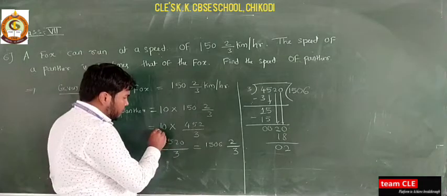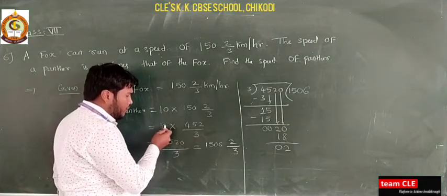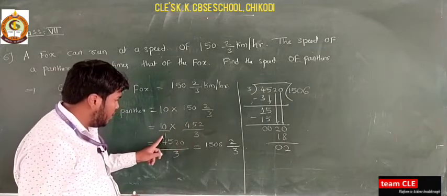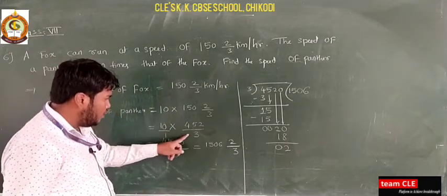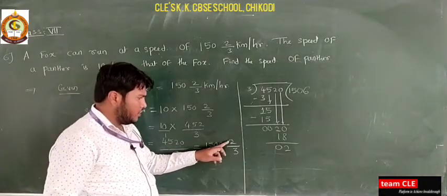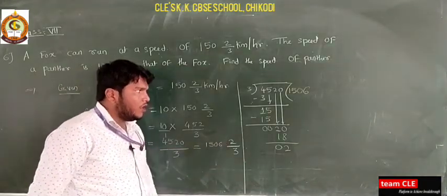The 1 is hidden under 10. Multiply numerator with numerator and denominator with denominator: 452 into 10 is 4520, and 3 1s are 3. So 1506 integer 2/3 is your required answer.